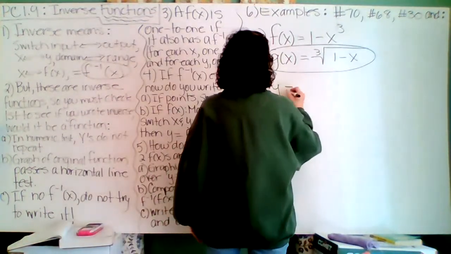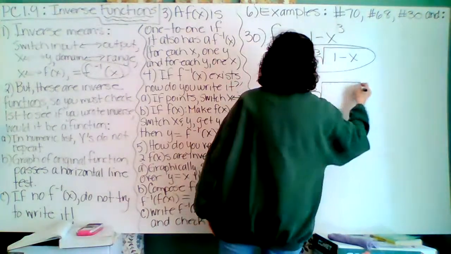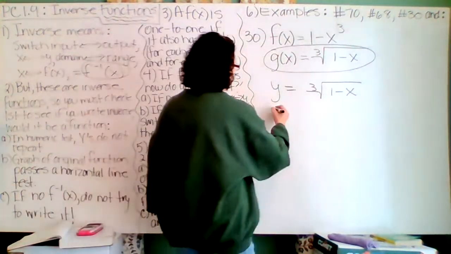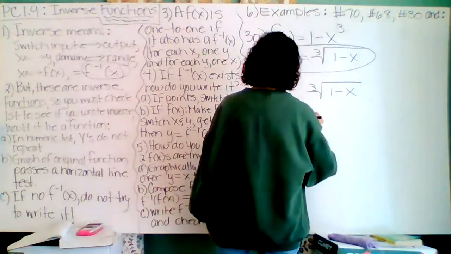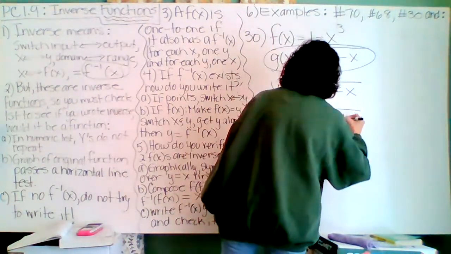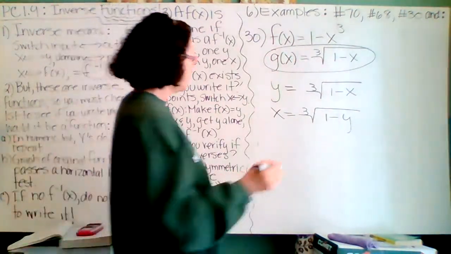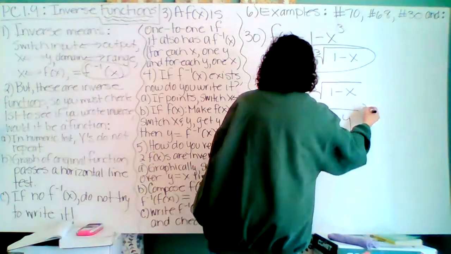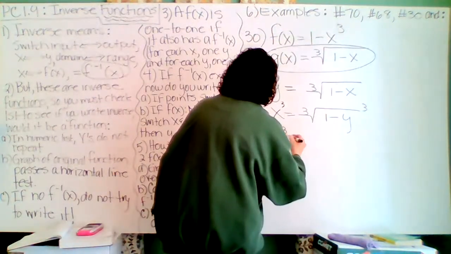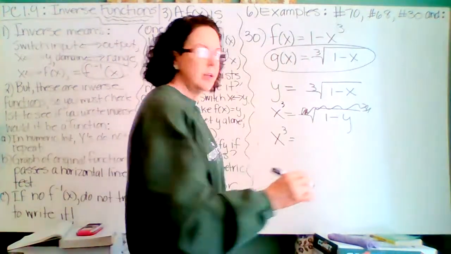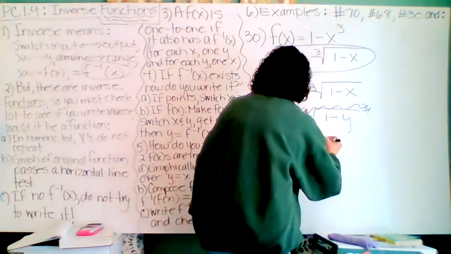We make our g a y. We switch the x and the y. And let's work to get the y alone. Let's cube both sides. And the cube root and the cube cancel. And we have 1 minus y.